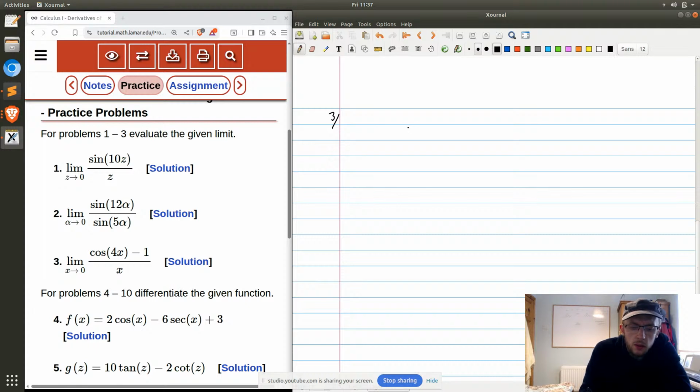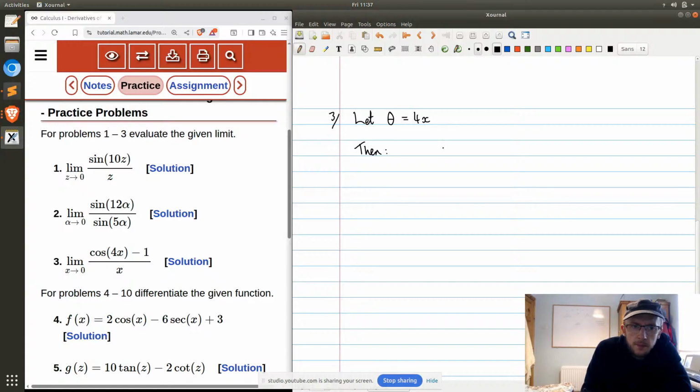Now, we are aware of the result that the limit as theta approaches 0 of cos theta minus 1 over theta is 0. We know that fact. And so, in this case, however, let theta equal 4x.